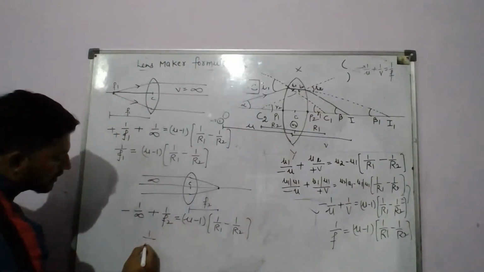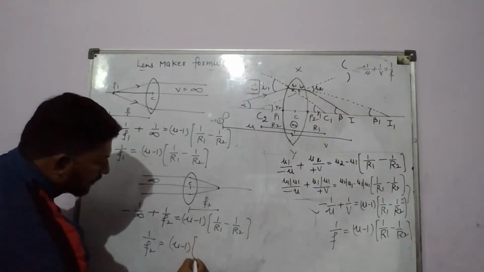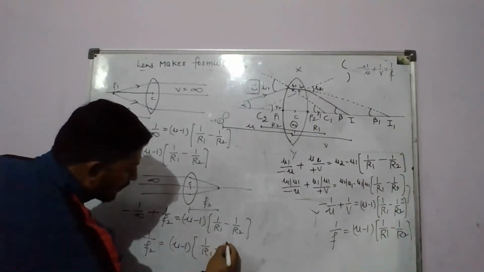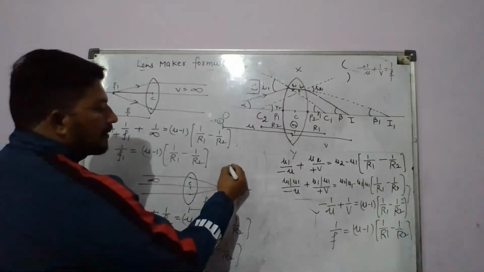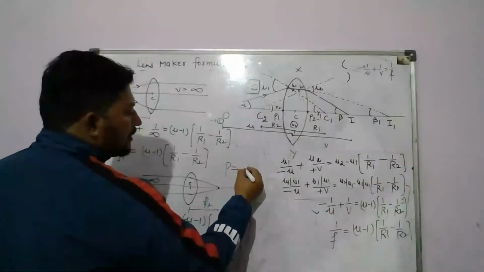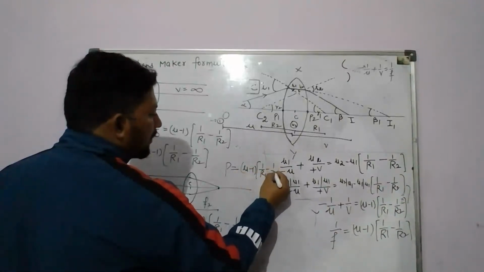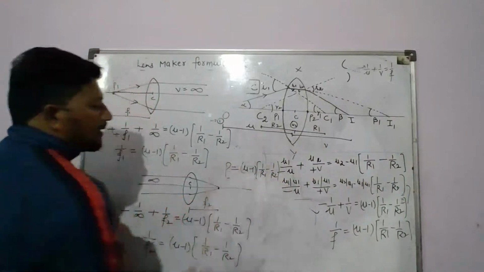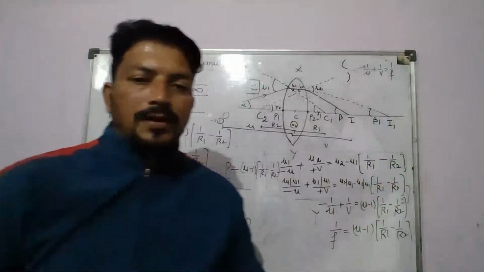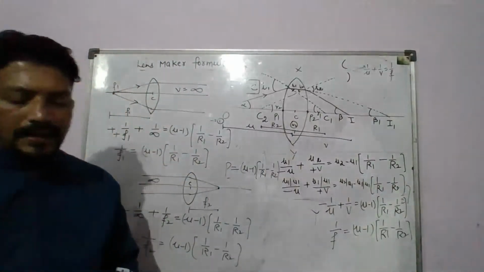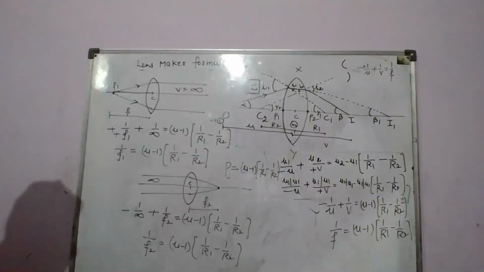So again the second principal focal length is the same expression. And power is equal to mu minus 1 times 1 by r1 minus 1 by r2. Power is the reciprocal of focal length, which is measured in meter, and the unit of power is diopter. So this is your lens maker formula.